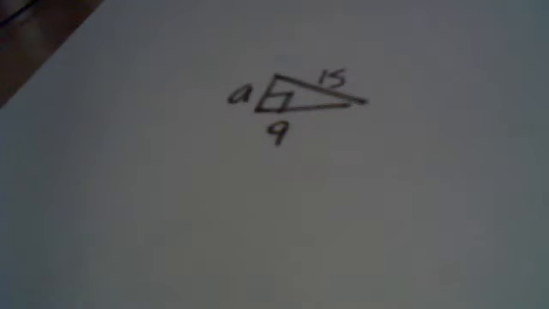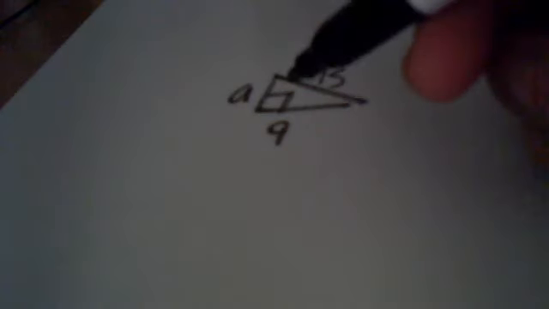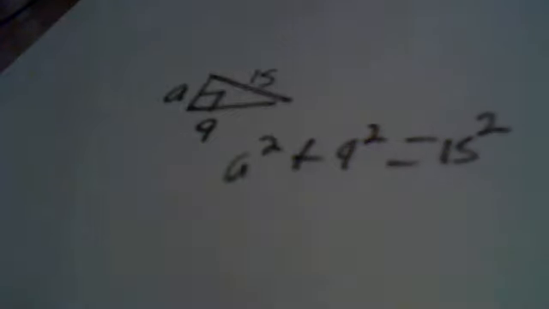Alright, unlike what we just did, we're missing a leg. We don't know what a is, so we're just going to leave that as a because we don't know what it is. So we write it the same way that we would anything else. We would write a squared plus 9 squared equals 15 squared.